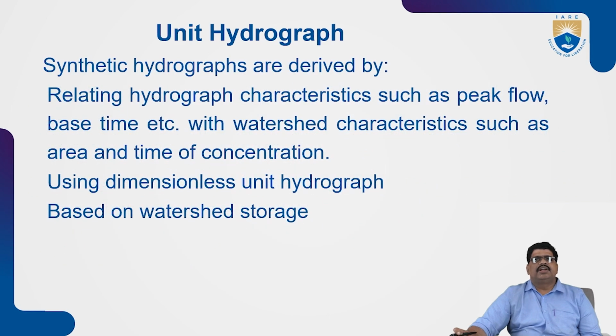Next, what is meant by a synthetic unit hydrograph? A synthetic unit hydrograph is derived by relating hydrograph characteristics such as peak flow and base time to watershed characteristics. What are the watershed characteristics?